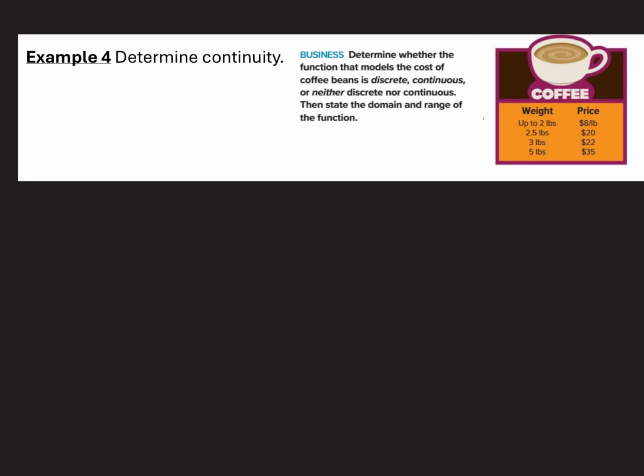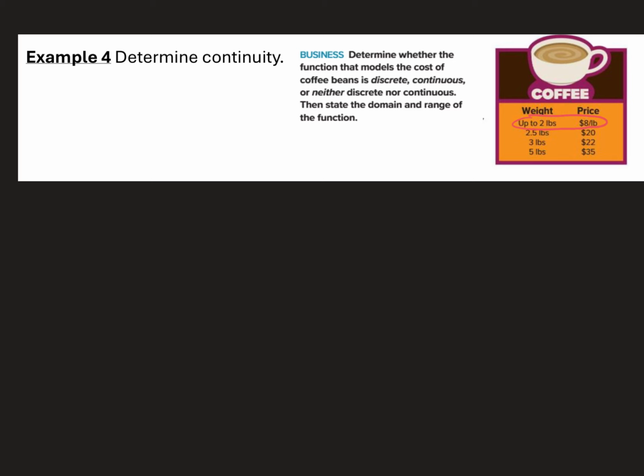For example 4, we want to determine continuity. We want to look at this table. Determine whether the function that models the cost of coffee beans is discrete, continuous, or neither. When you first read it, it appears to be continuous. Up to 2 pounds, it's $8 a pound.